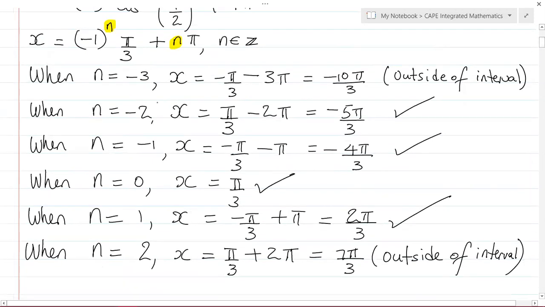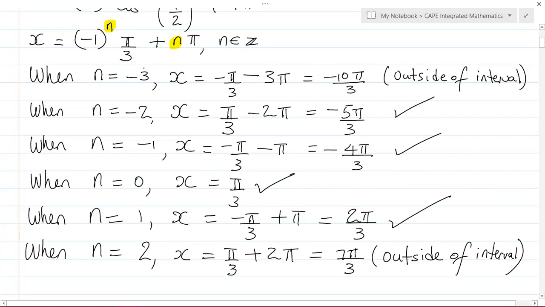Now, let me explain to you why I didn't go less than -3, meaning why I didn't do n equals -4, n equals -5, etc., and why I stopped at n equals 2, why I didn't go to n equals 3, n equals 4, etc. Let's start with n equals -3 first. Clearly when n equals -3, that is outside of our interval. So if I were to do n equals -4, it would also be outside of our interval.